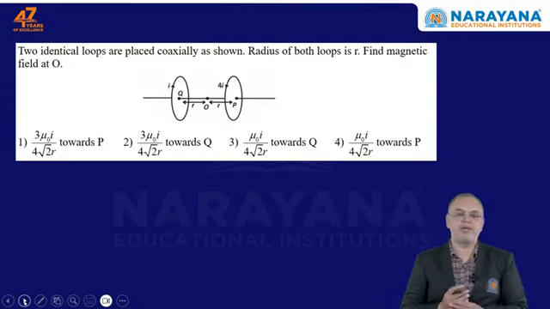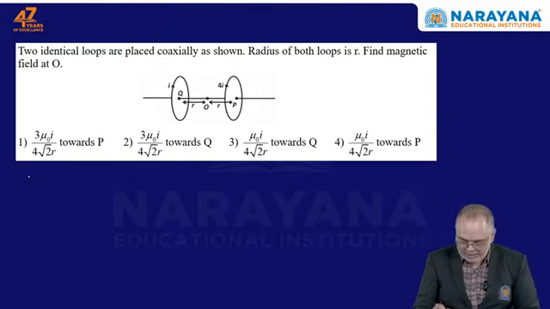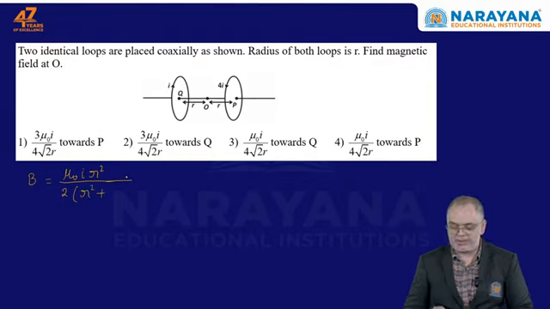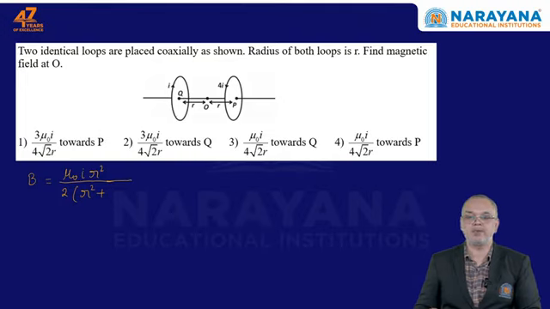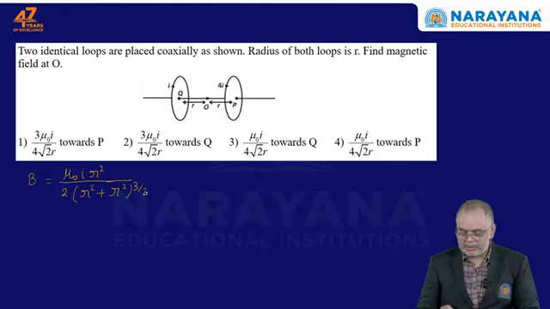Now because of the circular loop, the magnetic field on the axis of the loop, for that we know the formula. We can write B is equal to mu naught I r square upon 2 into r square plus x square to the power 3 by 2. Now here x is equal to r only. So r square plus r square to the power 3 by 2.